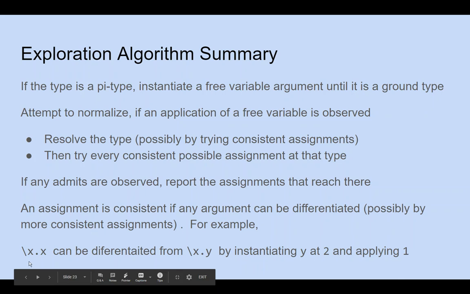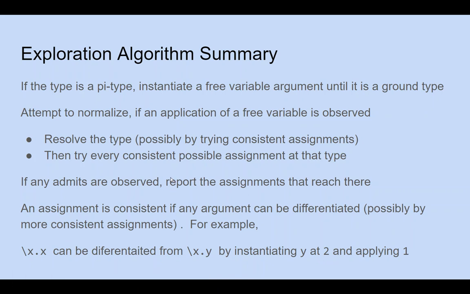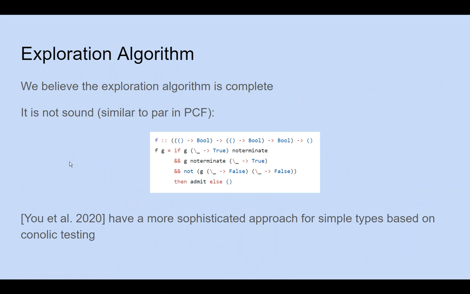So for instance, the function lambda x. x can be differentiated from the function lambda x. y, where y is a free variable, by instantiating y at 2 and applying 1 to each function. That'll give us a ground type where you can tell 2 is different than 1. Yeah, so even in this pretty horribly simple exploration algorithm, there are some quirks.